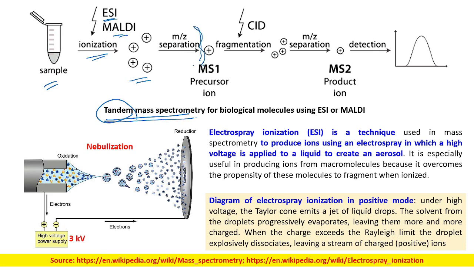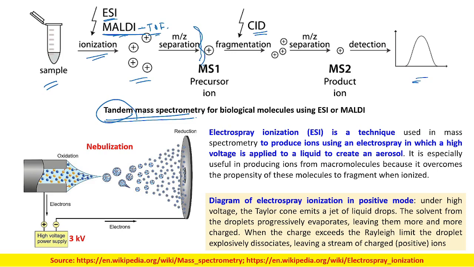Once you have this separation, then again you go for the fragmentation, and over here we go for the collision induced dissociation or fragmentation. Then again you go for the second stage of fragmentation, then you go for the separation again for the detection of the molecules.